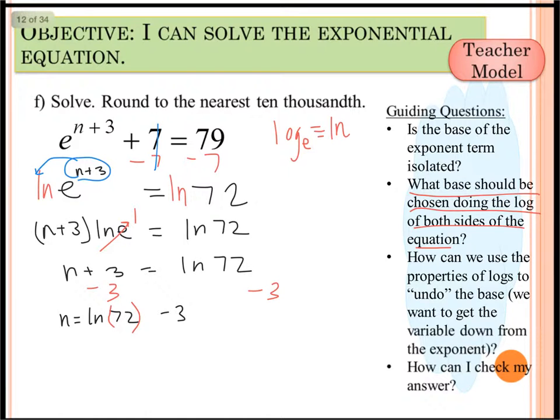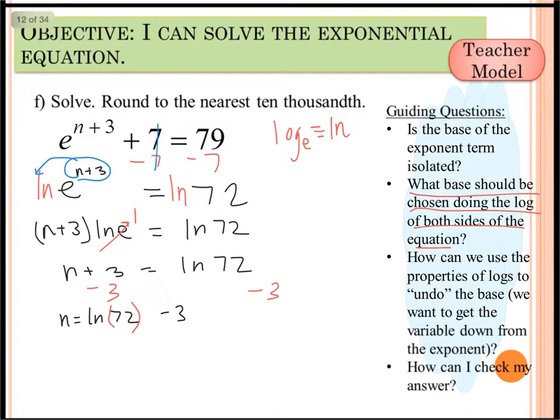So when I put this in my equation, I'm going to do natural log, that's the ln button on your calculator on the left lower side, and it's in capitals. So I'm going to do the ln of 72. I'm probably going to put parentheses around it, and then I'm going to put minus 3 after that.